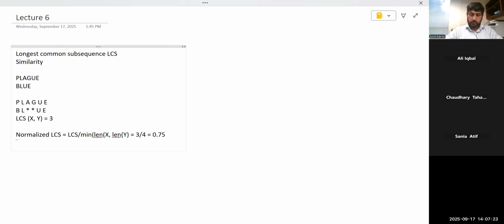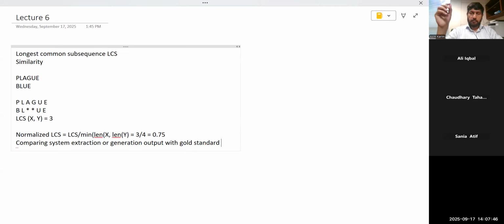So this has almost the same applications as minimum edit distance, but this is somewhat more commonly used, especially if you are comparing system extraction or generation output with a gold standard. Okay?